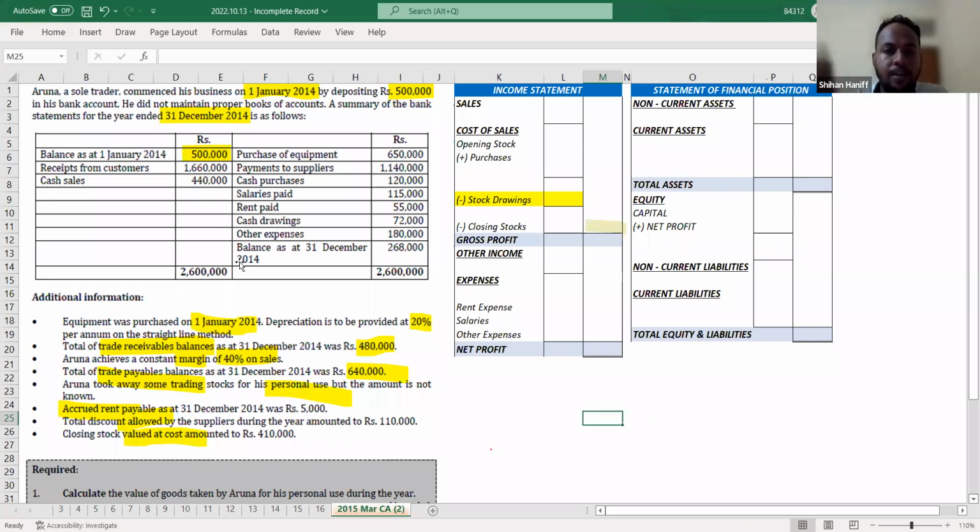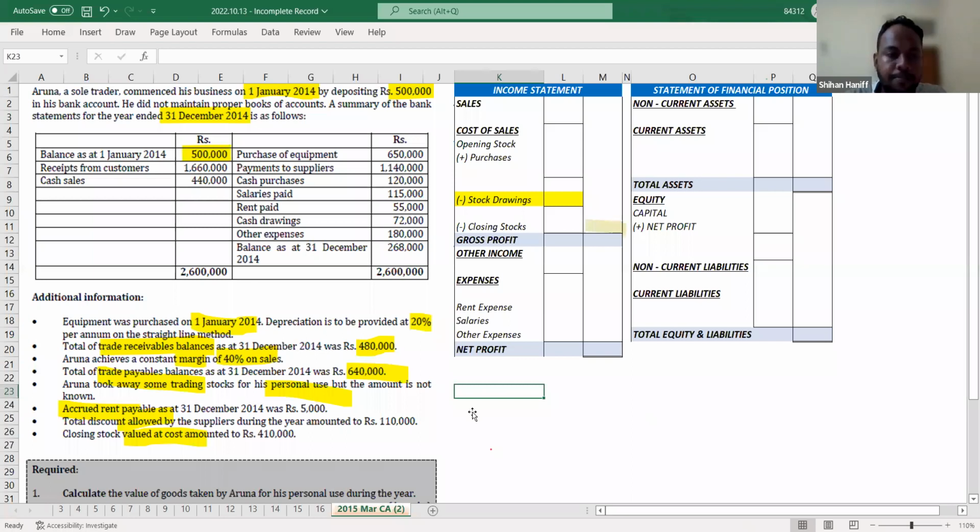Then finally we can complete the balancing part. Right. So we'll start with additional information.